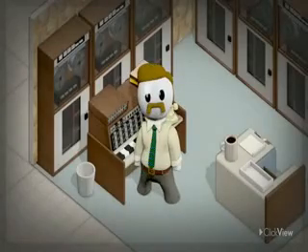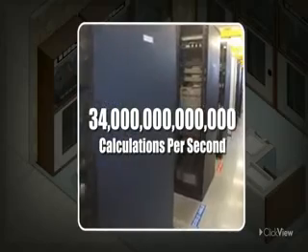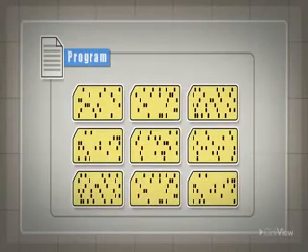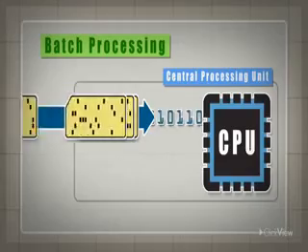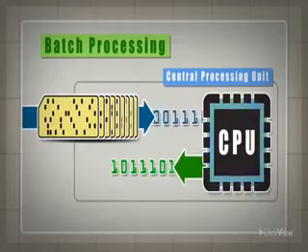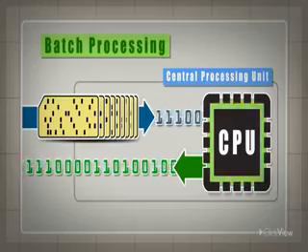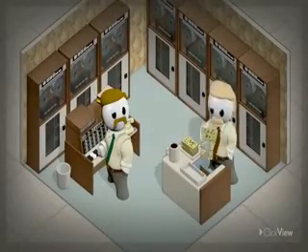Programs were written on punch cards, pieces of cardboard with holes. These were fed one at a time into the Central Processing Unit, or CPU, and enabled the earliest form of computer, batch processing. In some cases, one person was in charge of making sure the cards were fed in correctly. Their job was to correct jams and schedule when the next program could be run.